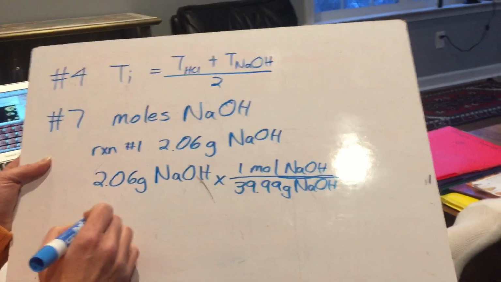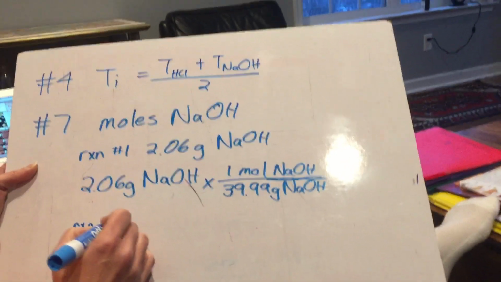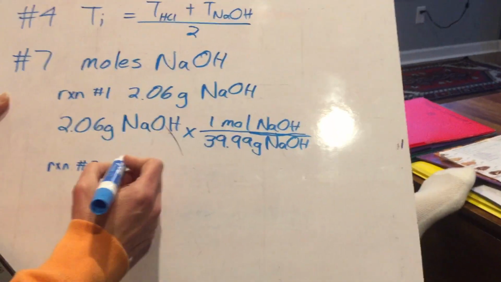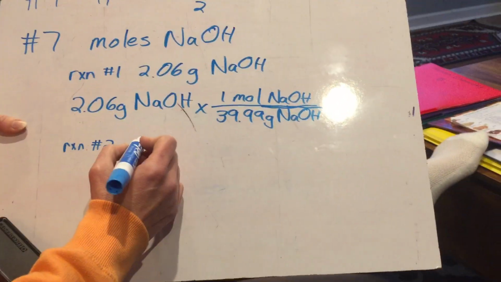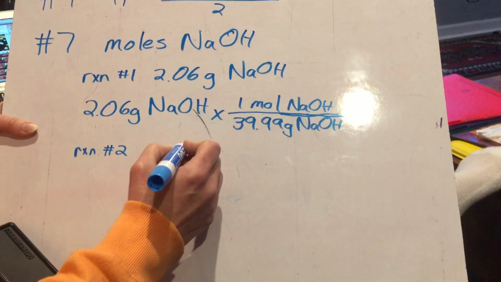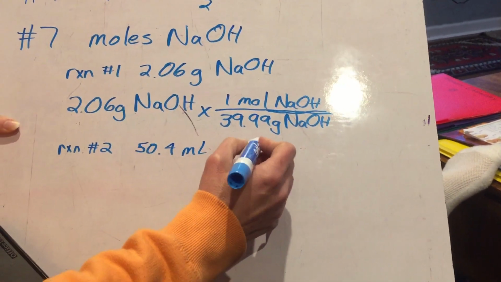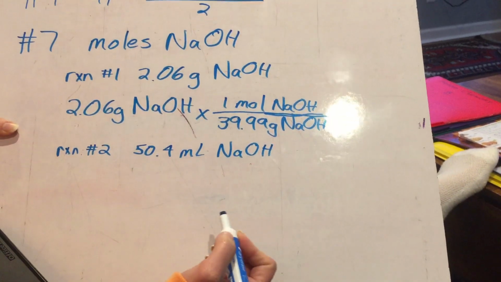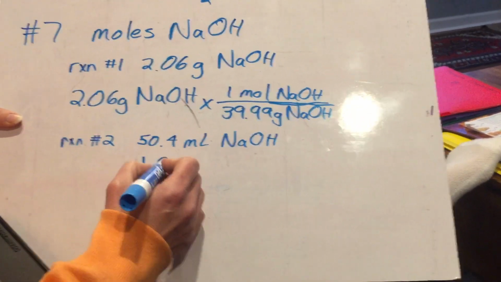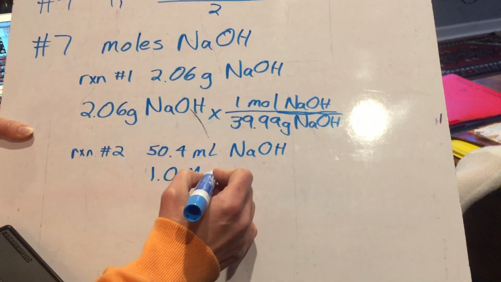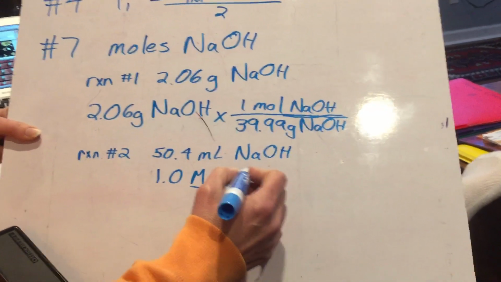In reaction number 2, though, you used a solution of sodium hydroxide. So let's say that you used 50.4 milliliters of sodium hydroxide, and you know that your sodium hydroxide solution was 1.0 molar sodium hydroxide.